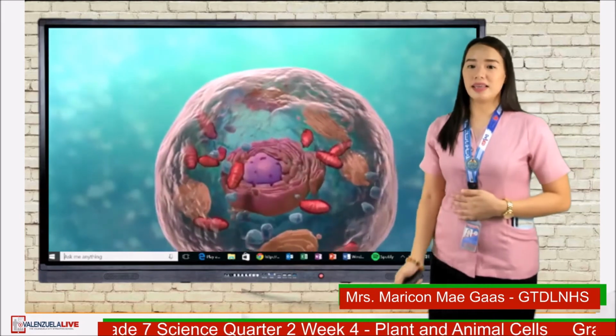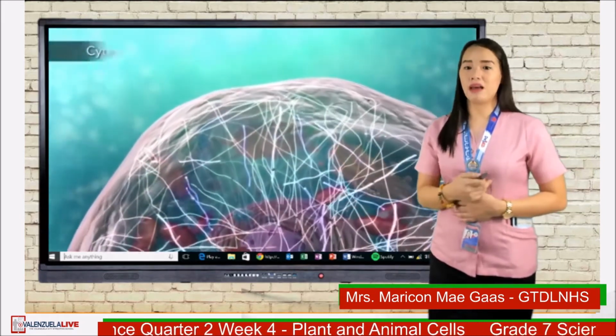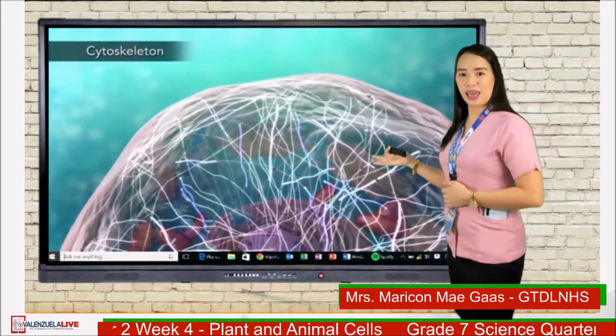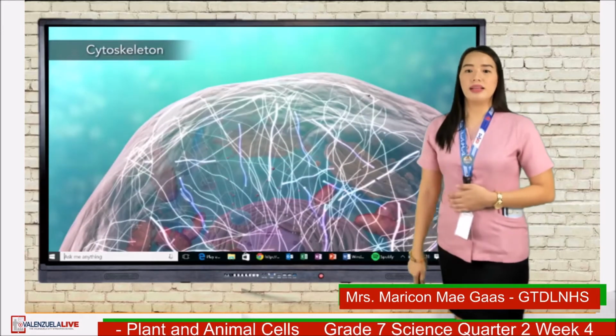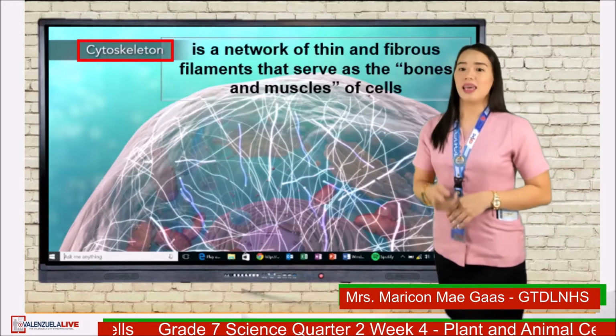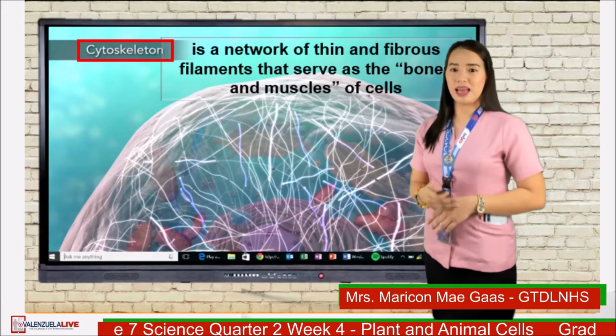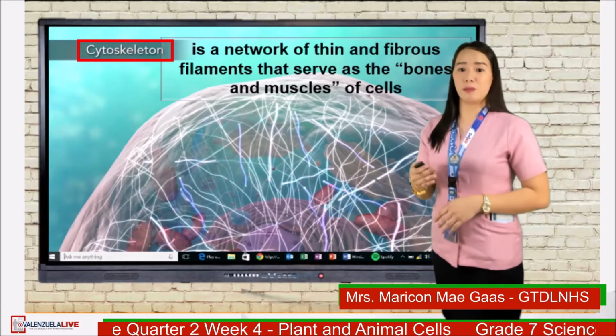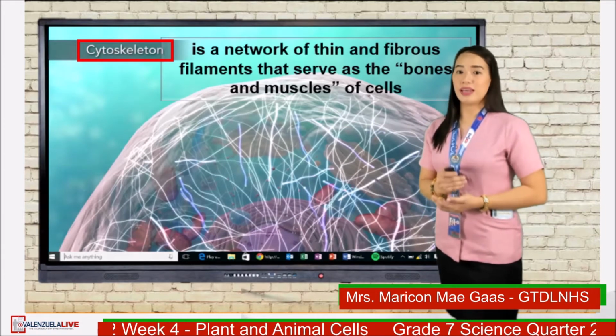Meanwhile, the cell maintains its shape through a cytoskeleton. The cytoskeleton is a network of thin and fibrous filaments that serve as the bones and muscles of cells.